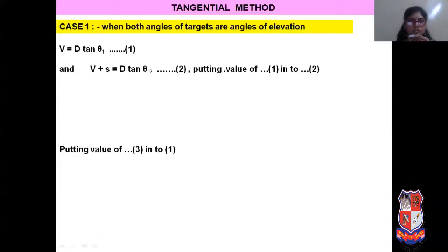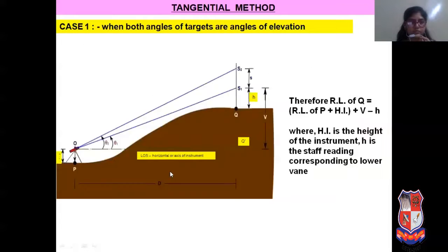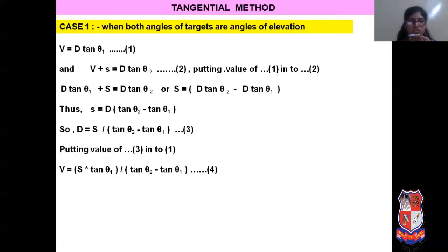From both equations, we derive the equation for horizontal distance, D = S / (tan theta 2 − tan theta 1). As well, we can derive the equation V = S tan theta 1 / (tan theta 2 − tan theta 1). So this is case 1.